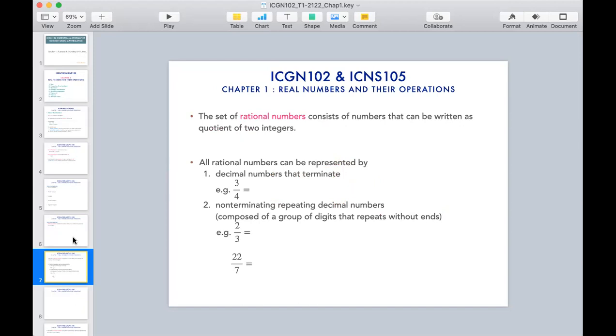All rational numbers can be represented by, first, decimal numbers that terminate. For example, 3/4.